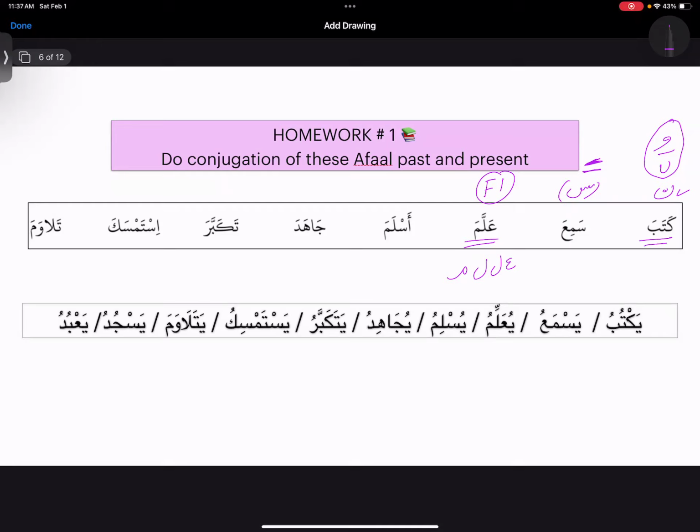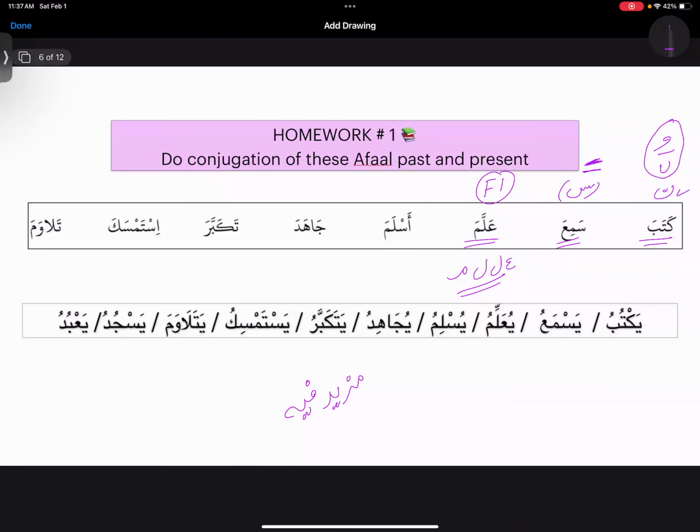Kataba is family one, Samia is family one. But when I see more than three letters, then you're going to say this is Mazid Fihi. What does Mazid mean? It means more than three.